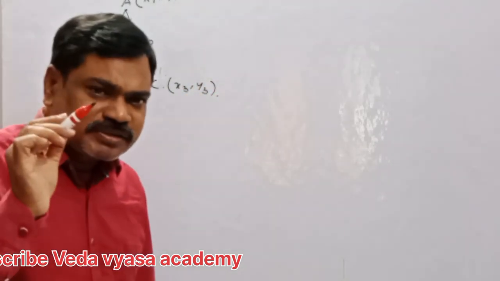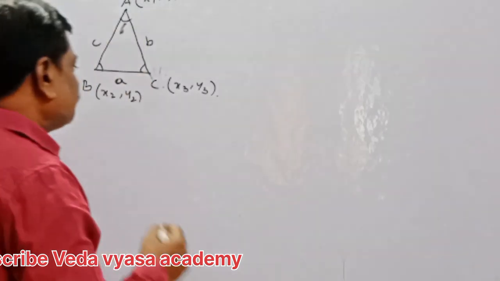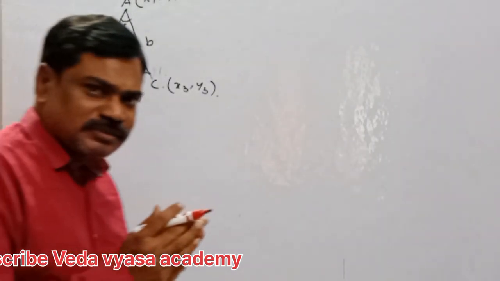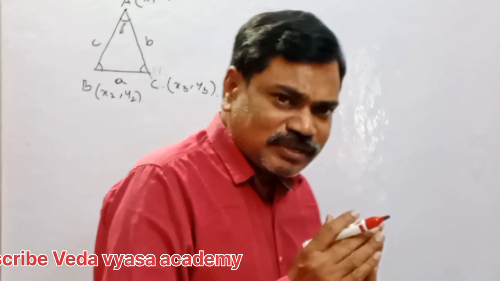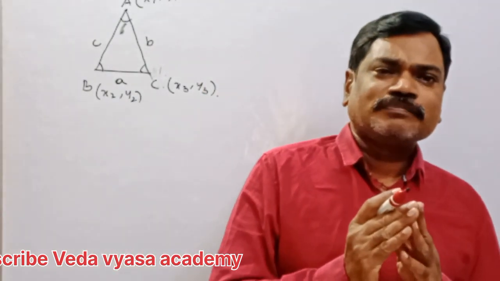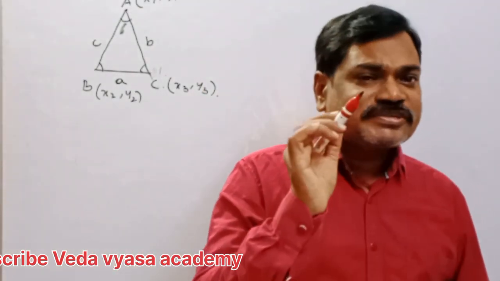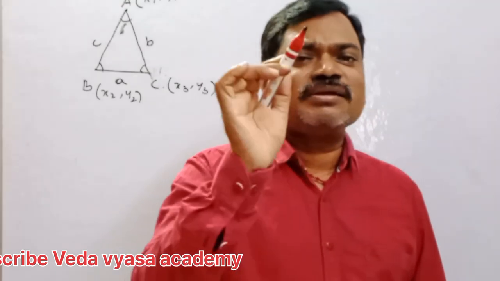Then what is the centroid of the triangle? We know that the medians of the sides are concurrent. Then the concurrency point is called the centroid of the triangle. Medians of the sides of a triangle are concurrent.